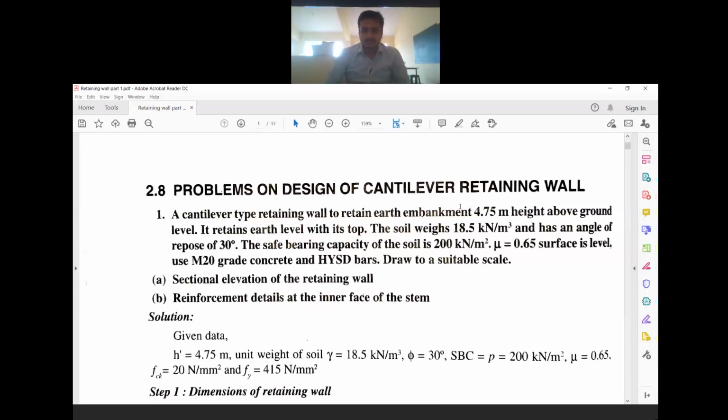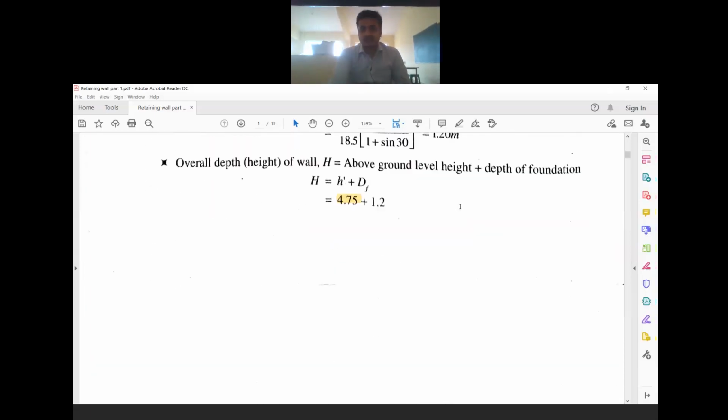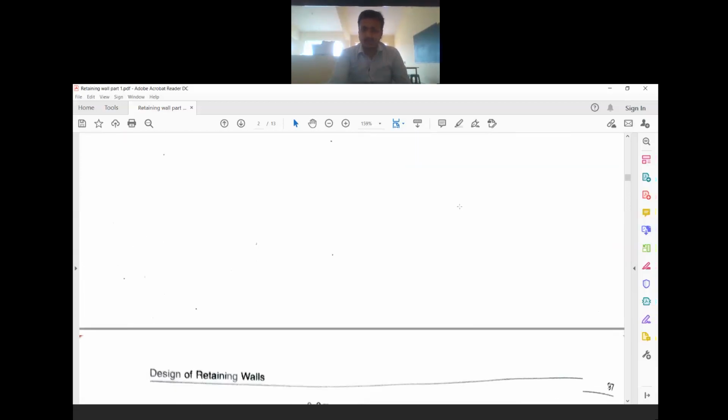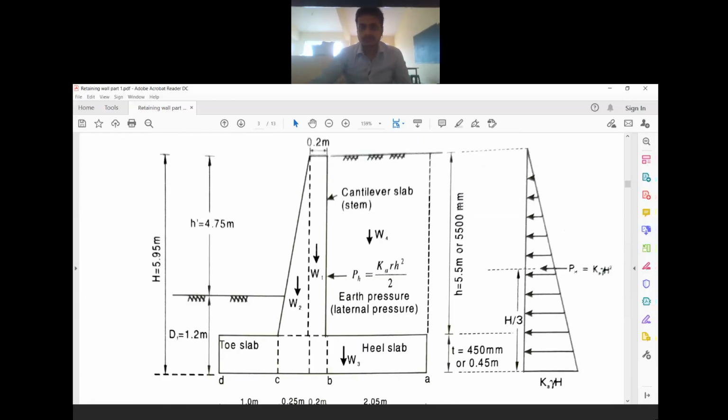So first, we shall understand the parts of the retaining wall. See, in this diagram, you can understand the parts of the cantilever type retaining wall. Here, in the cantilever type retaining wall, you can observe this portion here. This portion we call the stem.